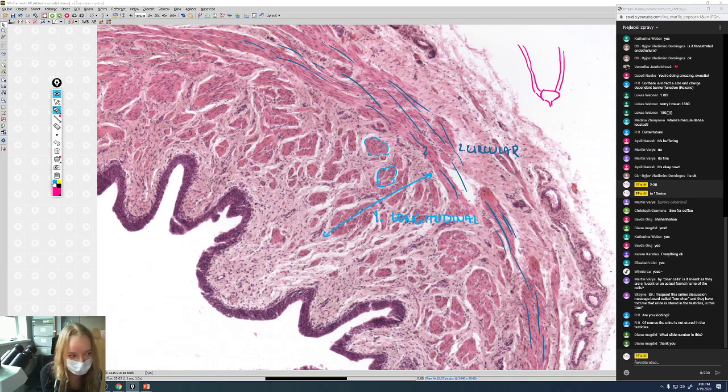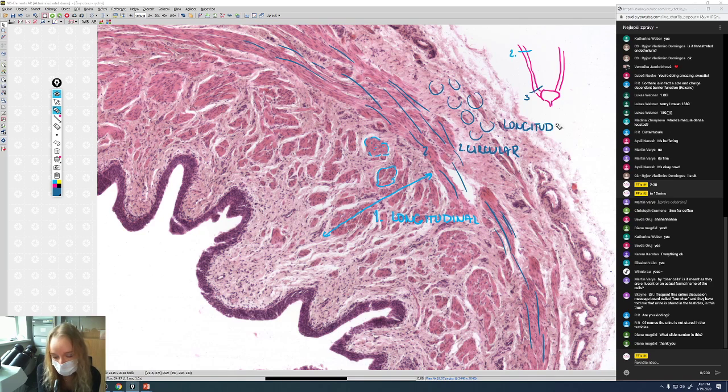In this part right here, the cranial part, there are only 2 layers of muscularis, but in the part close to the bladder, there are 3 layers. So sometimes in other slides, you can see another layer right after the circular layer. There would be cross sections of smooth muscle cells, and that is going to be the 3rd layer, also longitudinal.